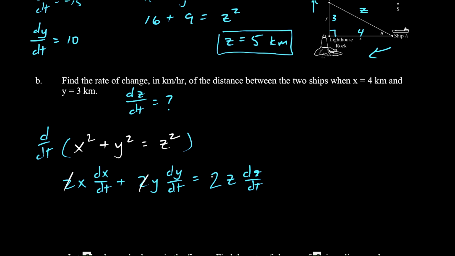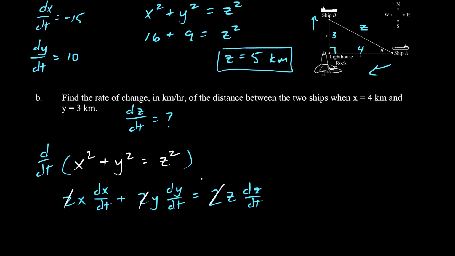And we can substitute in the values we were given. Again, the most important thing is the signs. So we have x, which at that time is 4, times dx/dt, which is negative 15, plus y, which at that time is 3, dy/dt is 10, and that is equal to z, and at that time z is equal to 5, times dz/dt.